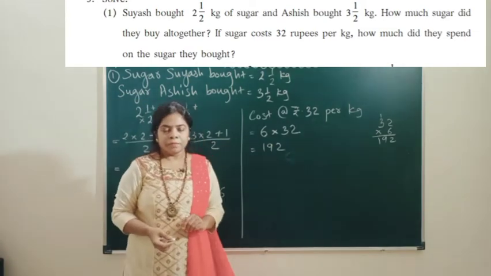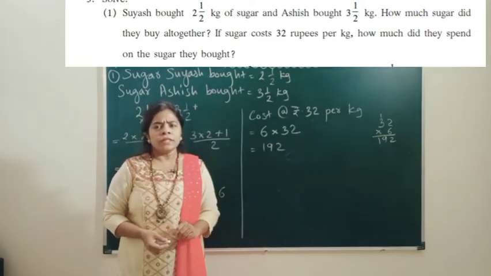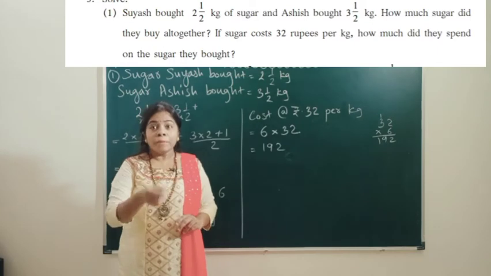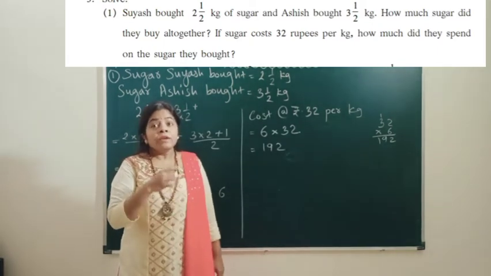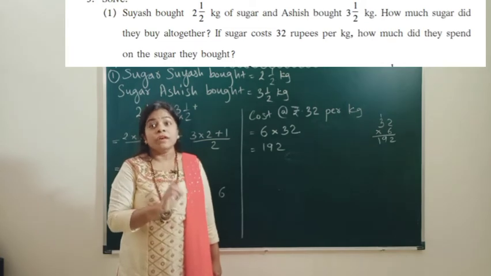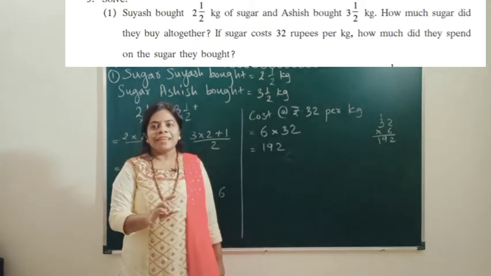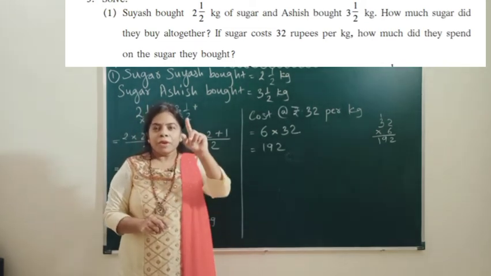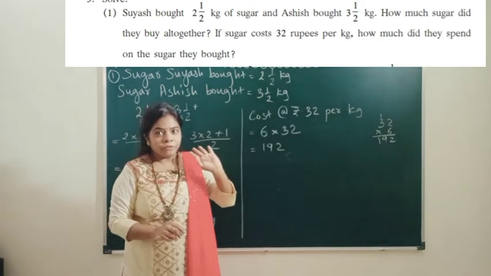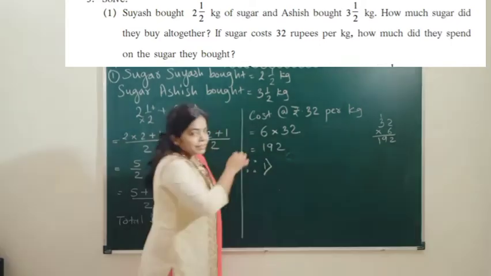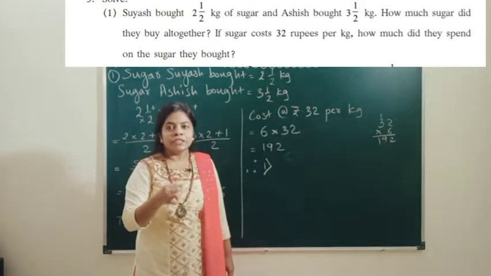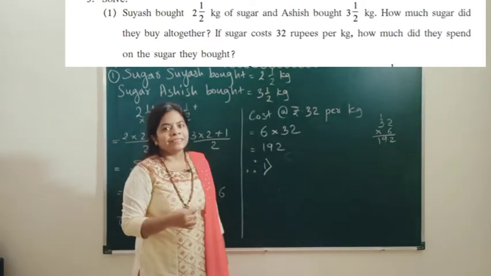192 rupees. What is asked in the question? Two things. How much sugar did they buy altogether, and what was the cost of the sugar they bought? So we'll write our answer by using point number 1 and 2. Therefore, they bought 6 kg sugar altogether.